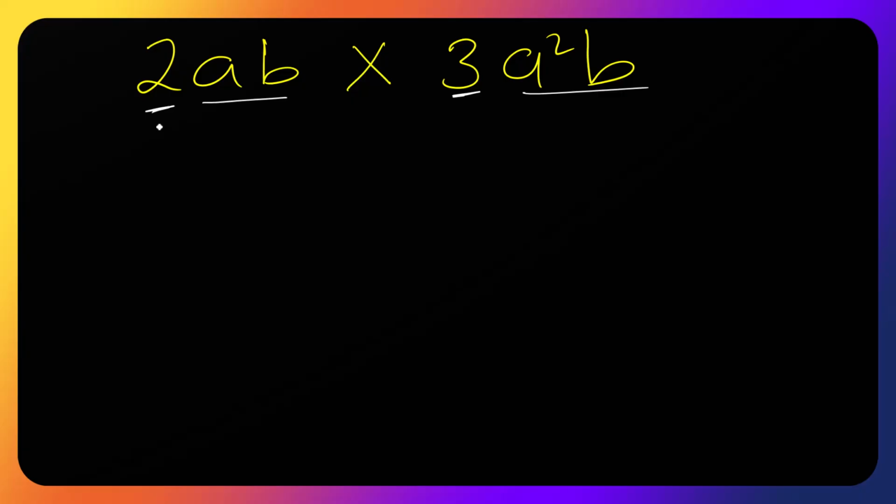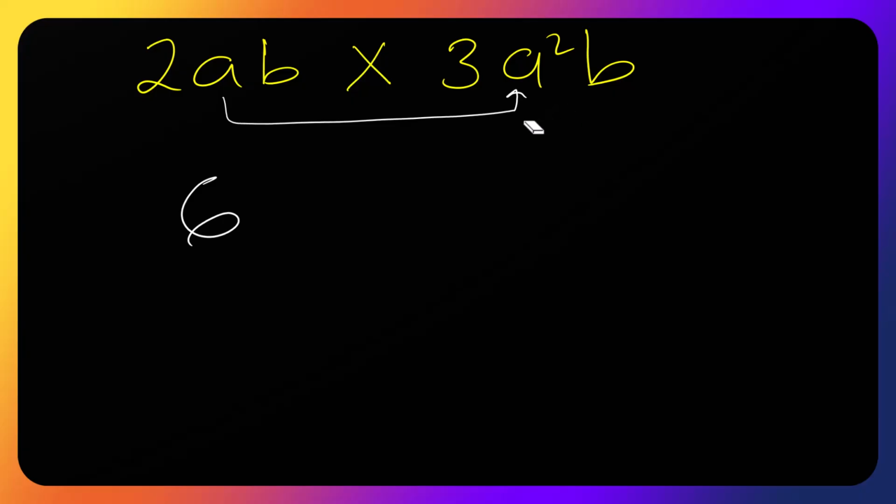What we will do here is very simple. Let's multiply the numbers. 2 times 3 is 6. The next thing will be the letters. If the letters are the same, we only perform indices. I'll leave a link under this video which talks about indices. We have a times a squared.